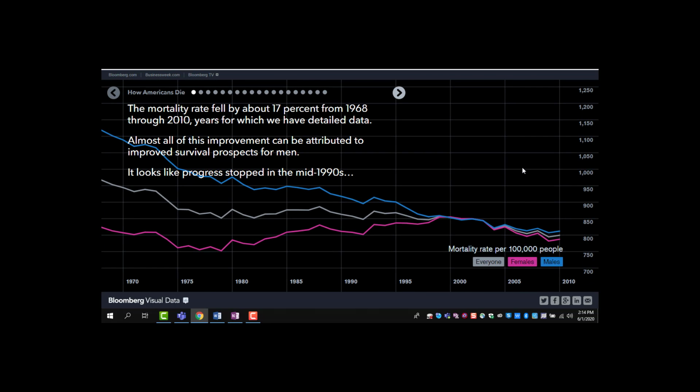And there's the graph that we just looked at and found three sentences for, and the year 1968 matches up to our numbers. Now, this can tell you a lot. For instance, why were men dying at such a higher rate than women from 1968 all the way to around 1995?